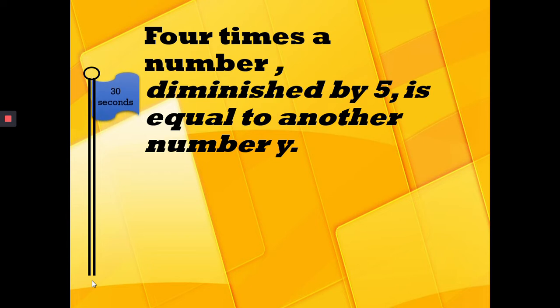Okay, almost there. Time's up. So the answer is y is equal to 4x minus 5. Check your answer if that's correct or if you have the same answer as mine.